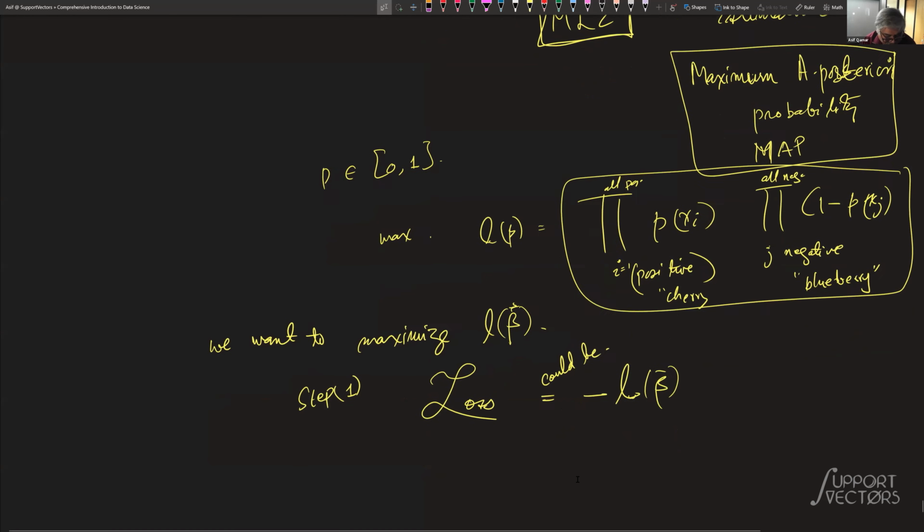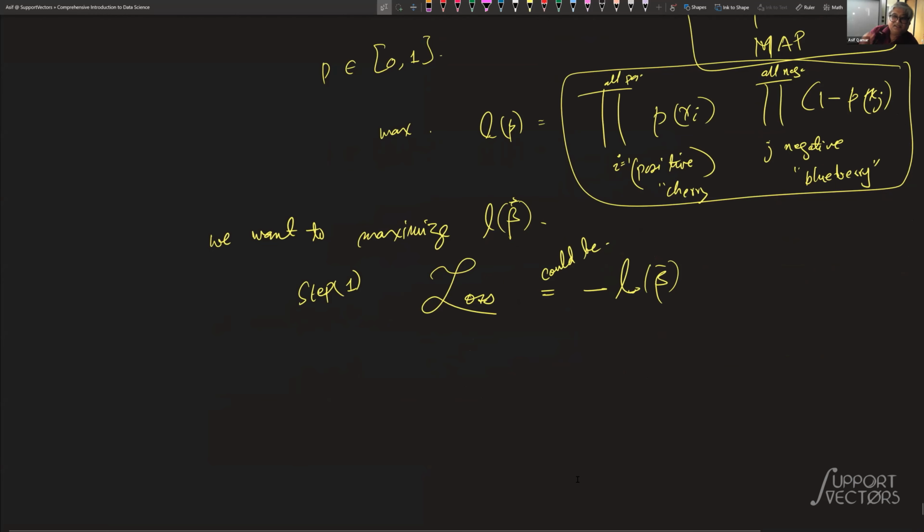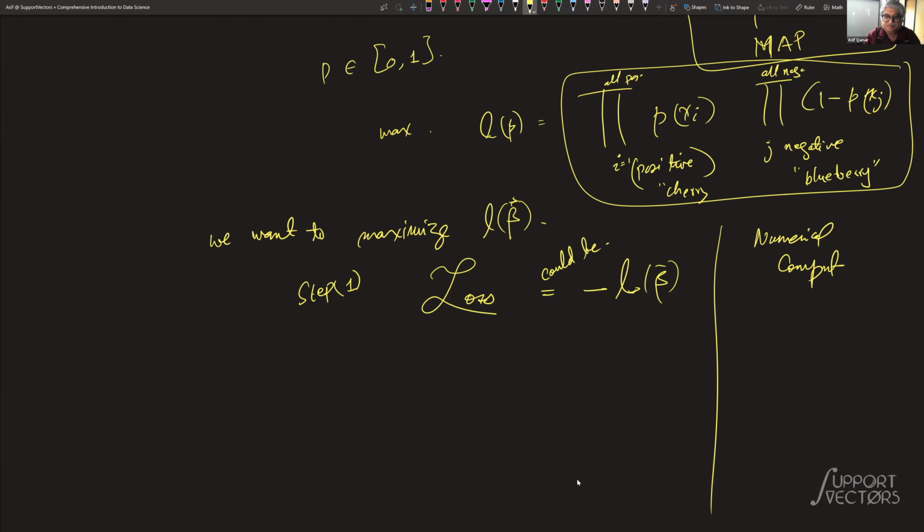There is one more trick that people use. Dealing with products is a computational problem. When you have very small numbers and a lot of data, any kind of number between 0 and 1, if you keep on multiplying, what will happen ultimately is you'll have underflow. Basically, you'll have a numerical, computational problem.